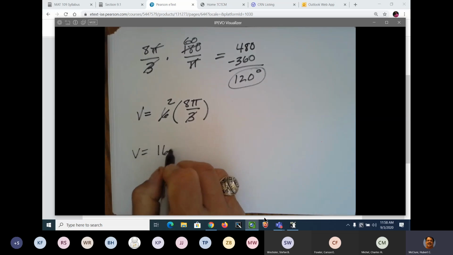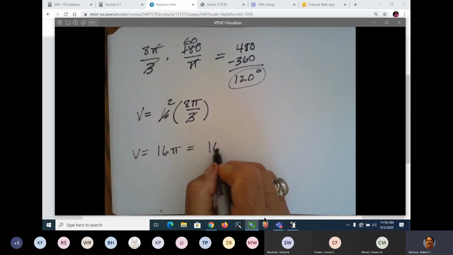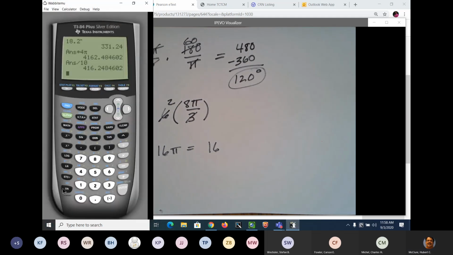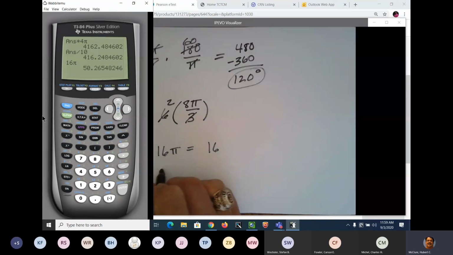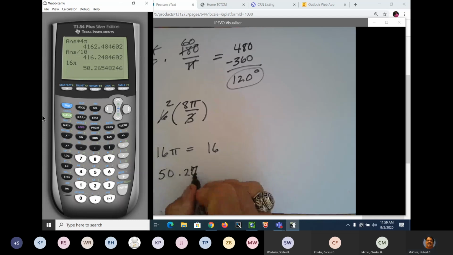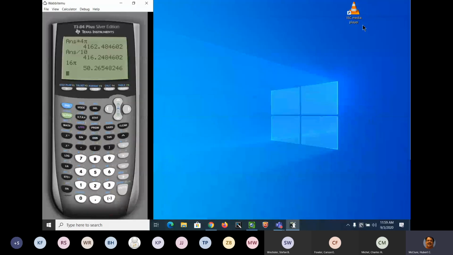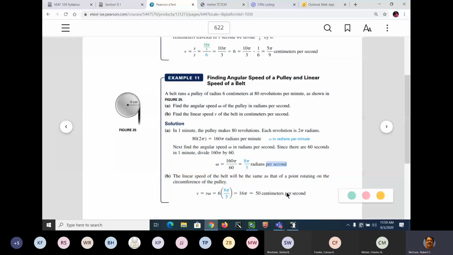V is equal to 16 pi, which is equal to, let's do that on a calculator, 16 pi equals 50.26. I don't know what the units are. Let's see what the units are. I don't know if it was centimeters or meters or what. Centimeters per second. 50 centimeters per second.